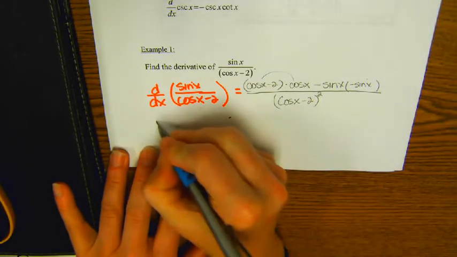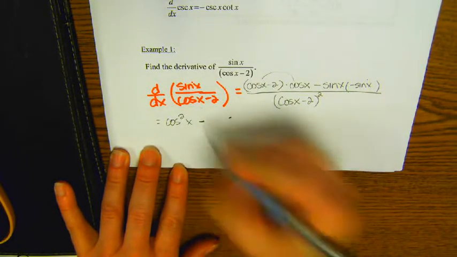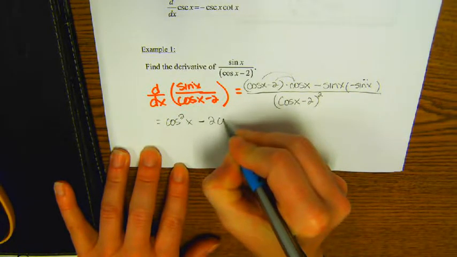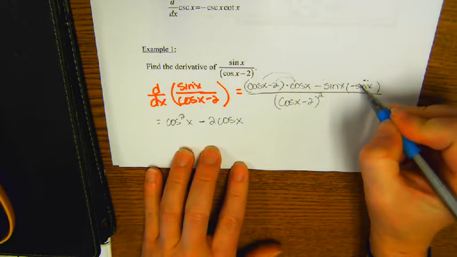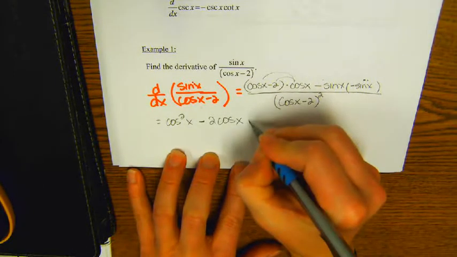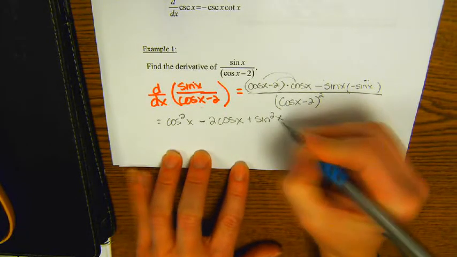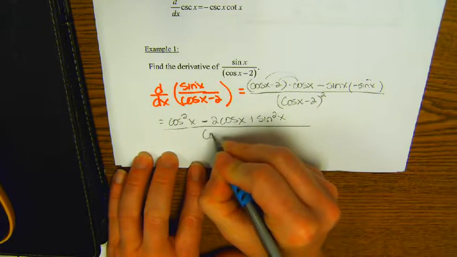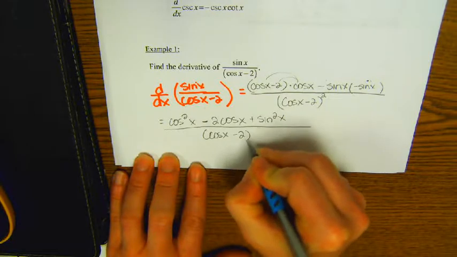Cosine squared, and stop me if you don't understand where I'm getting something from, minus 2 cosine of x, and then minus sine times minus sine, I'm going to write plus sine squared of x, and I'm just going to leave this as cosine of x minus 2 squared. I'm not going to try to expand that.